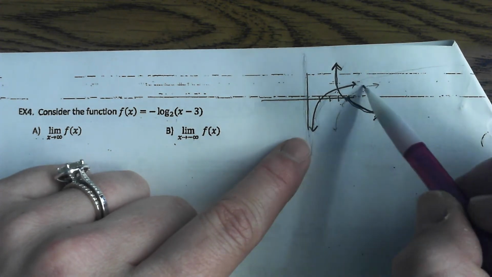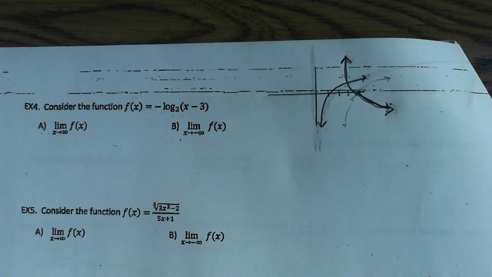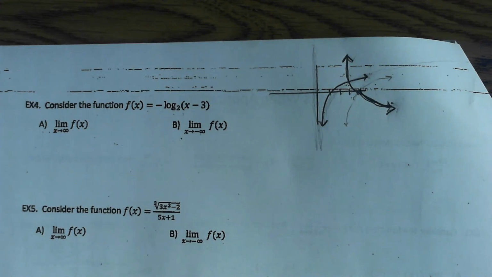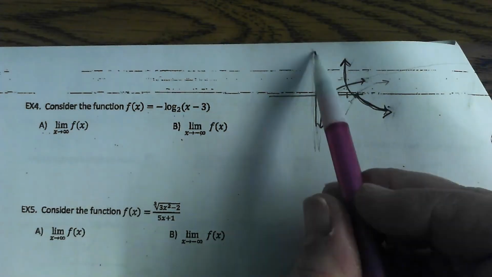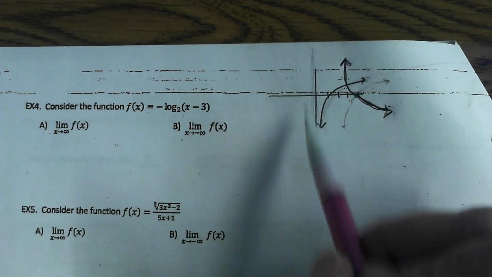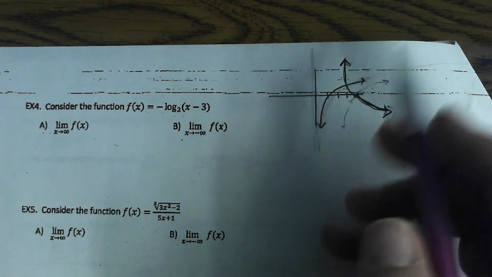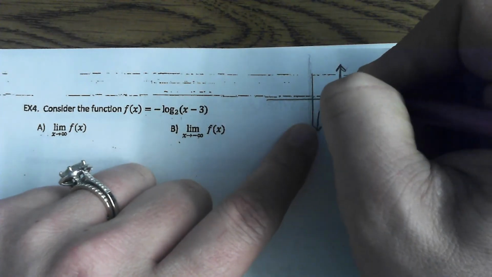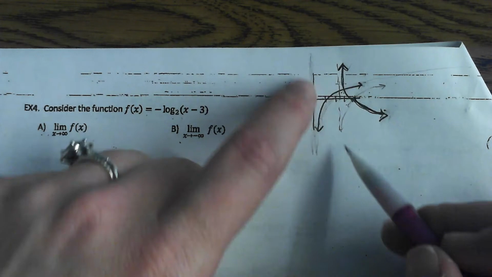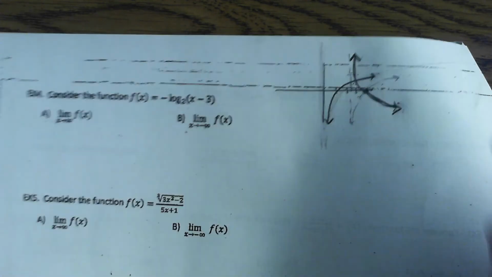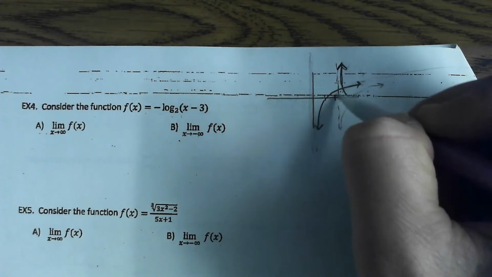So it does look like you want a horizontal asymptote because it looks like it's flattening out. Log graphs actually don't. Okay, they do keep increasing. So when we shift that vertical asymptote right 3, and when we flip it, it's just over here.